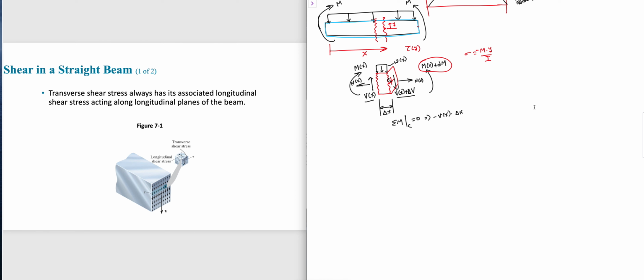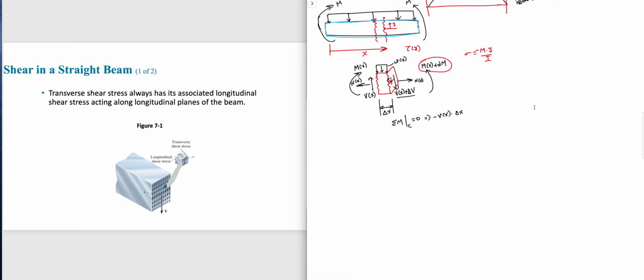This V of x times delta x because this is delta x away from the point C. So, and it is clockwise, right? It is clockwise because it's going like that with respect to the centroid. Okay. Minus, so this is negative V of x times delta x, right?